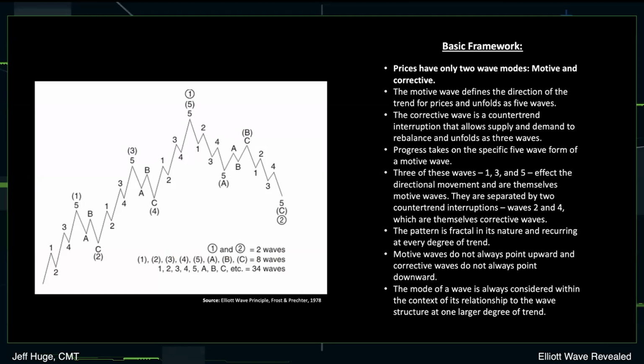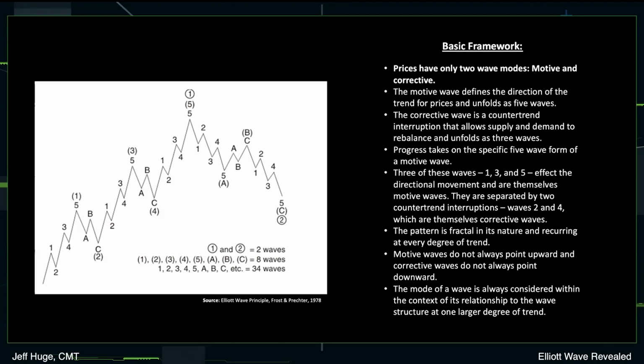The 3 waves, or I should say 3 of the waves in that forward progress, are themselves motive waves. They affect the direction of prices in terms of their trend. They are separated by 2 counter trend interruptions.